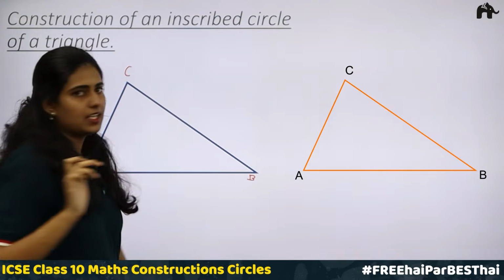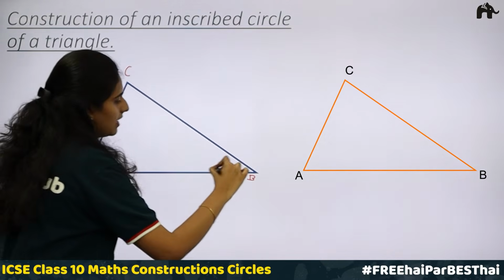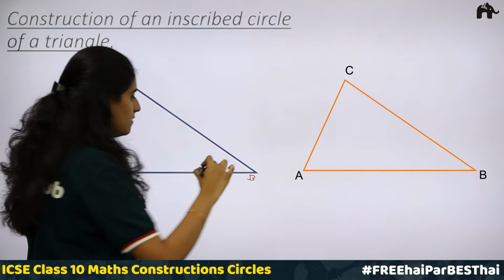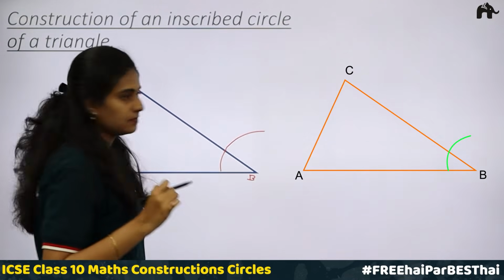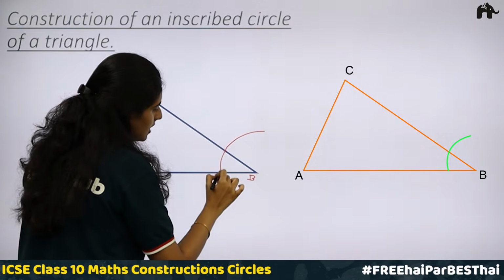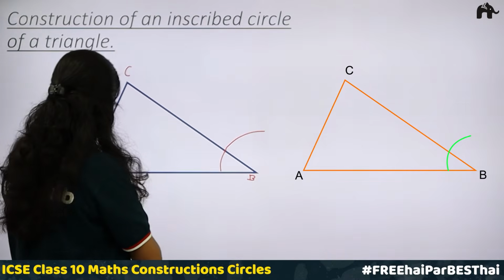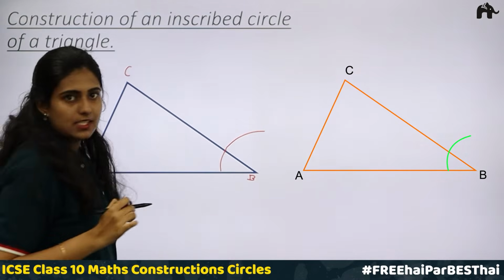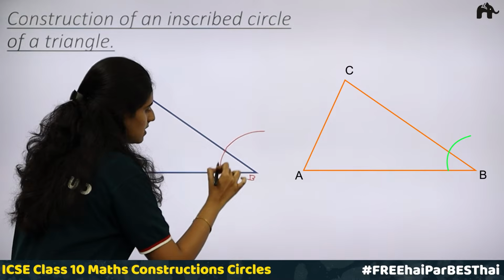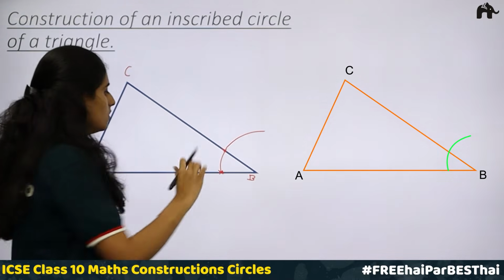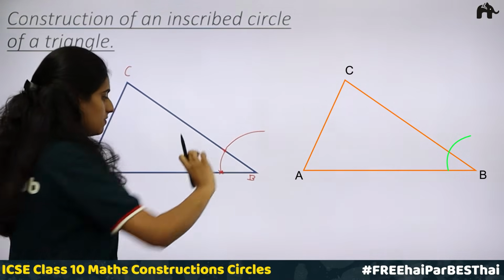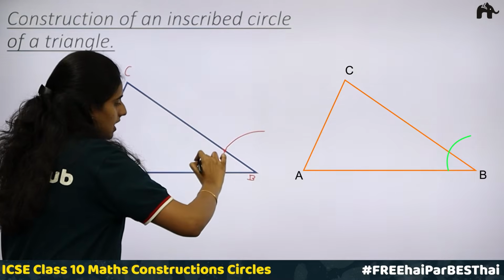How to draw angle bisectors? When you take this angle B, to draw the angle bisector, first draw an arc, so that the arc touches both these sides, AB and BC. From these points as center, draw 2 other arcs. With this point as center, cut an arc.